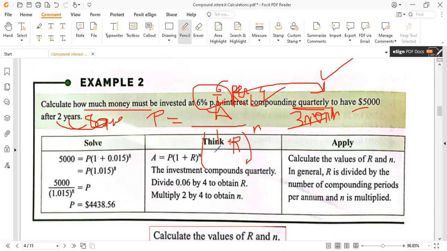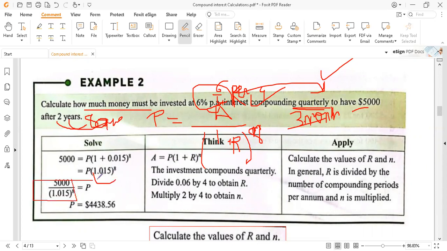Then we substitute all these values. Small n is 8. Big R is 6 over 4 divided by 100. 6 over 4 is 1.5, and 1.5 divided by 100 is 0.015.